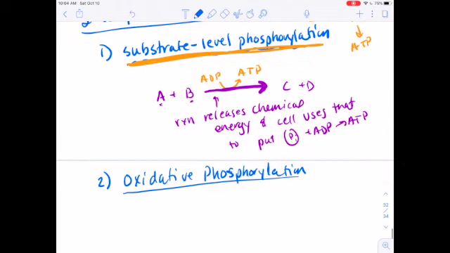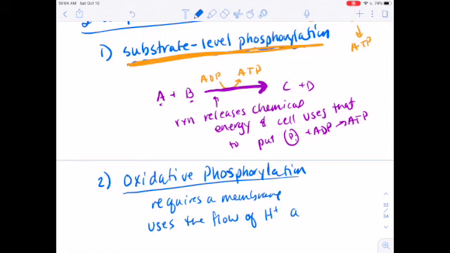It requires a membrane, and it uses the flow of protons across that membrane to release energy. It uses a proton motive force, which we talked about before.